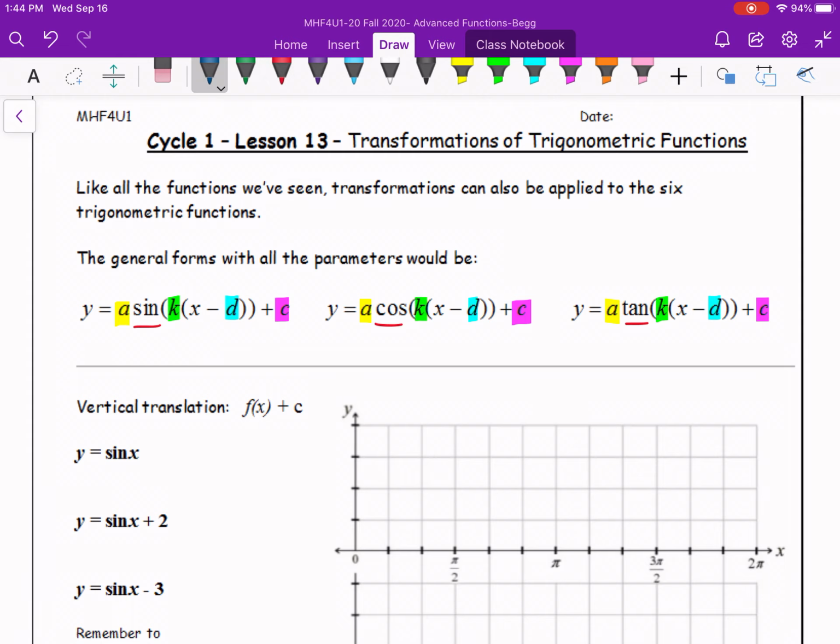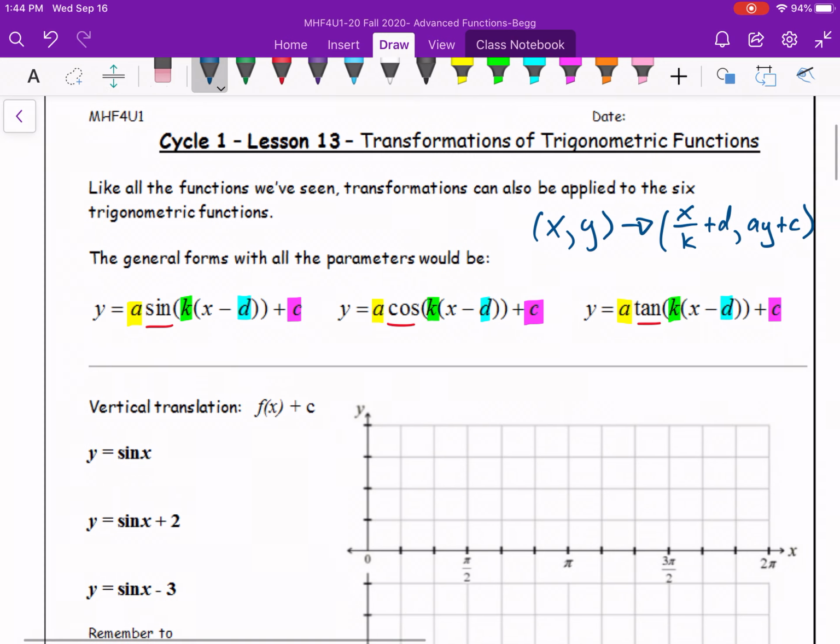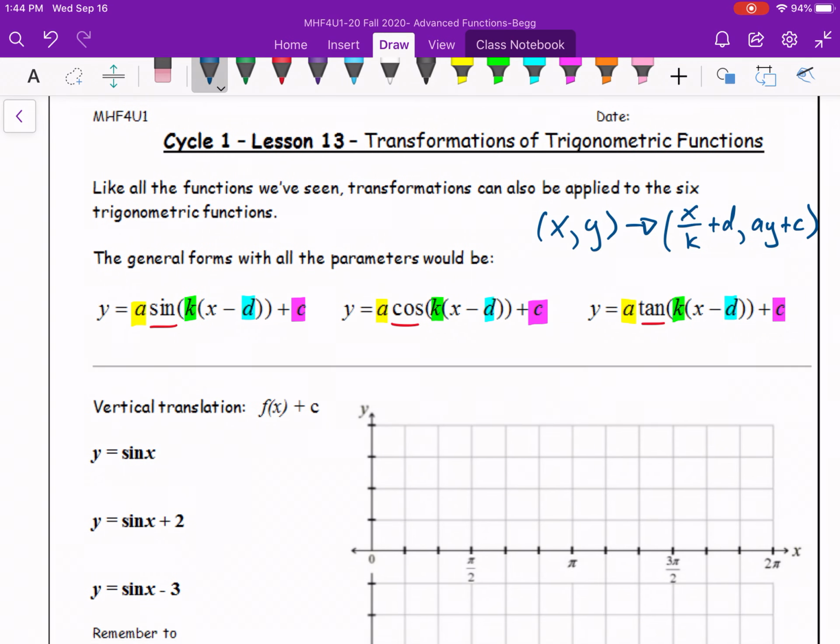We know also the transformation formula, the mapping formula that goes xy maps onto x over k plus d, ay plus c. However, I'm going to suggest that maybe we don't need to actually use that for some of these simpler transformations.